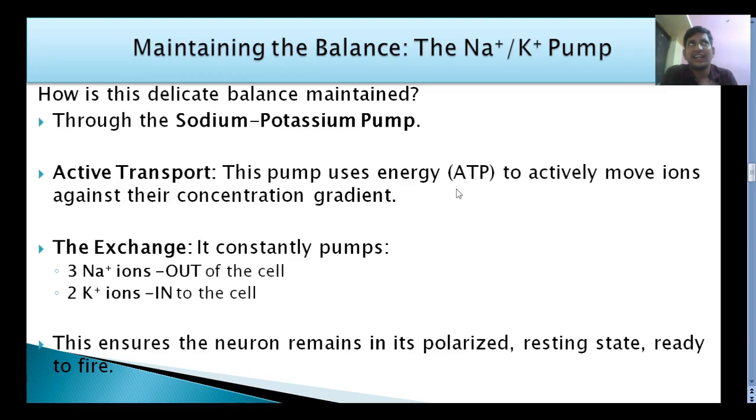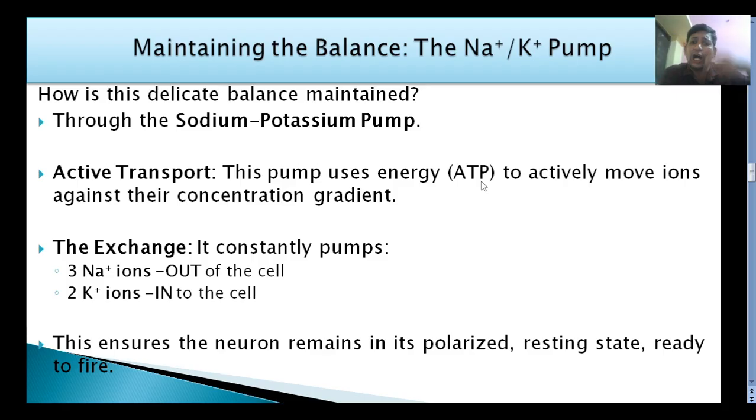What is the meaning of against the concentration gradient? It means the ions move from lower concentration to higher concentration. Generally, we know that ions move from higher concentration to lower concentration, but in active transport, the ions move from lower concentration to higher concentration using energy in the form of ATP. That is called active transport.